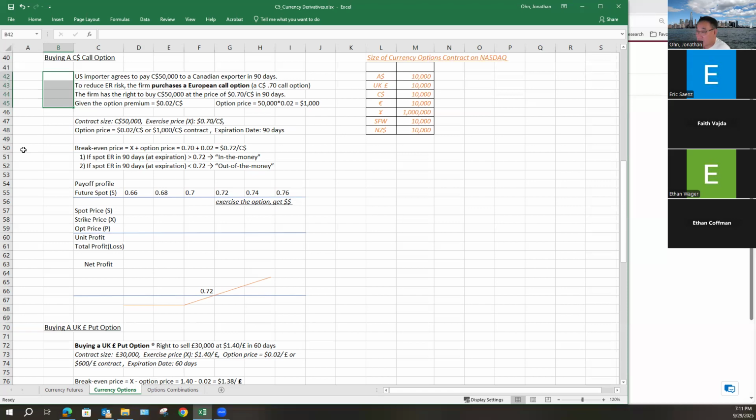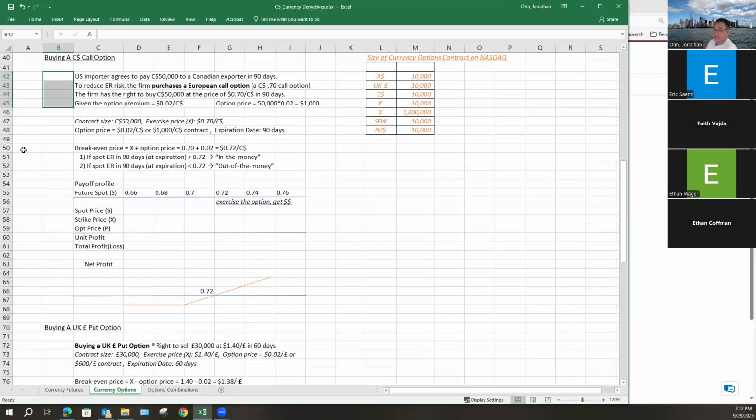To reduce exchange rate risk, the firm purchases a European call option, a 70-cent Canadian dollar call option. The firm has the right to buy 50,000 Canadian dollars at the price of 70 cents per Canadian dollar in 90 days. Given the option premium of 2 cents per Canadian dollar, the option price equals 50,000 times 0.02 equals $1,000.